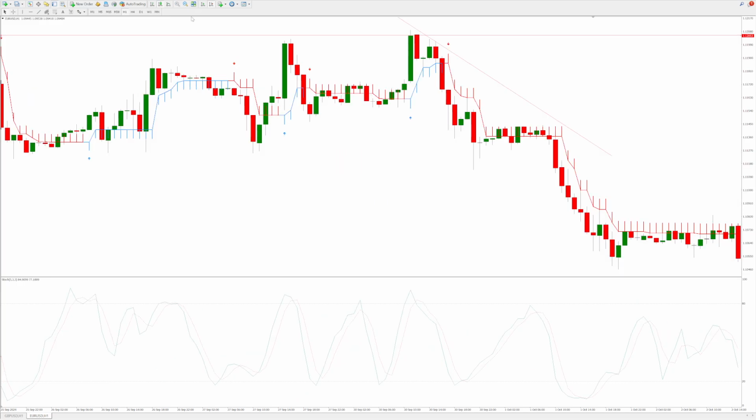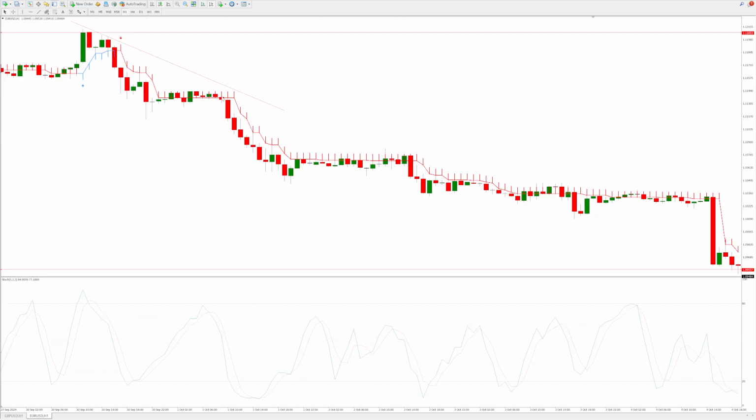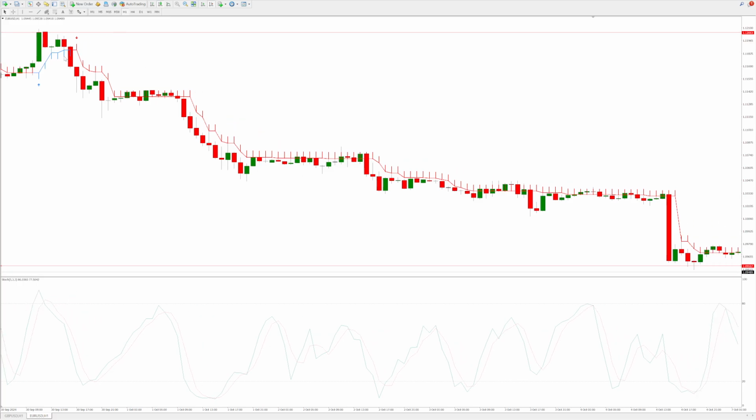So if we just zoom in here, this is when the half trend indicator is coming in handy. If you don't want to bother with drawing resistance and support and trend lines and such, perhaps it could be useful for those of you who just want to see a clear red arrow from the indicator.